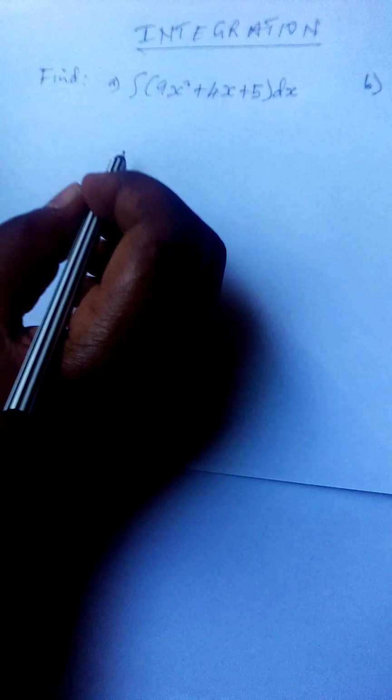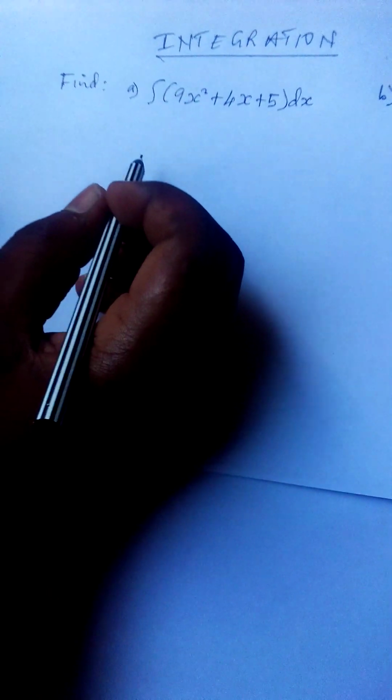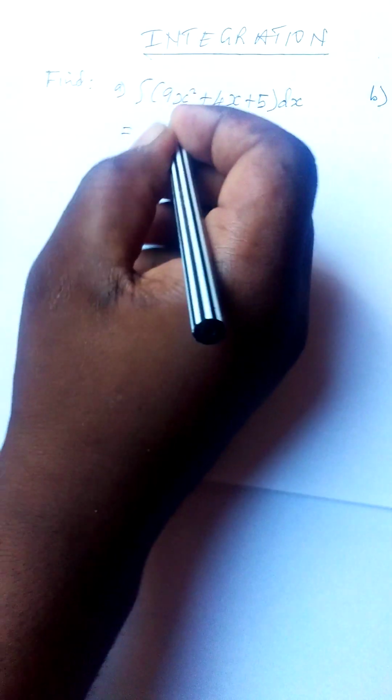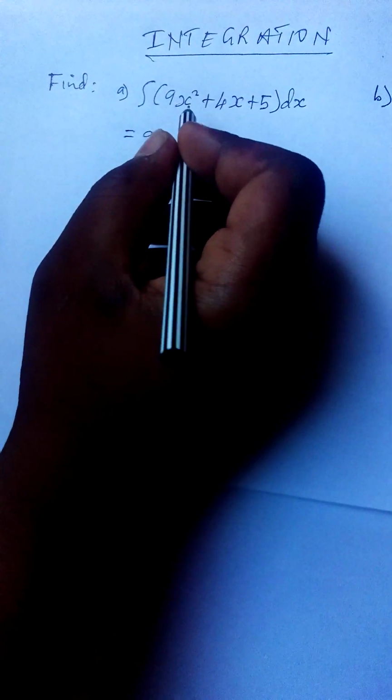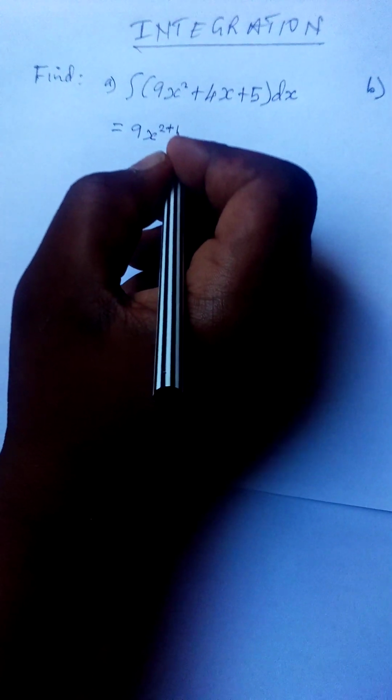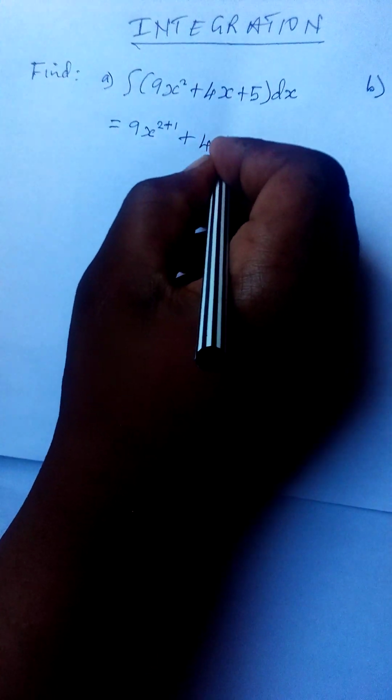What you are going to do here is very simple. You are going to say this will be equal to 9x, then we have the power 2. On the power 2 you are going to add 1, plus 4x.